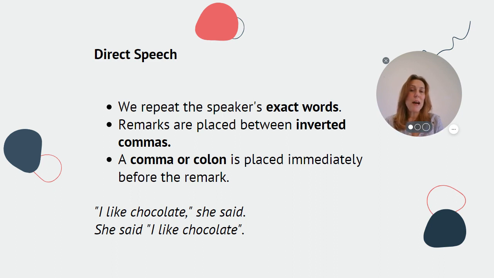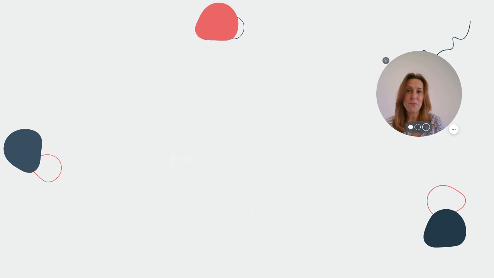Notice that we can say, "I like chocolate," she said, or she said, "I like chocolate." We will see this in lesson 2 when dealing with reporting statements. And we are going to learn as well about the use of tell and other reporting verbs.